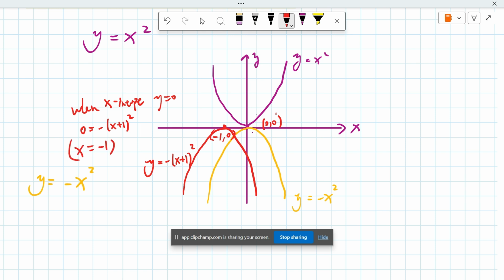Hopefully that makes sense. And now the y-intercept, which is x equal to 0, so y equal to negative 1 squared, which is negative 1. So 0, negative 1 is your y-intercept. Hopefully that makes sense.